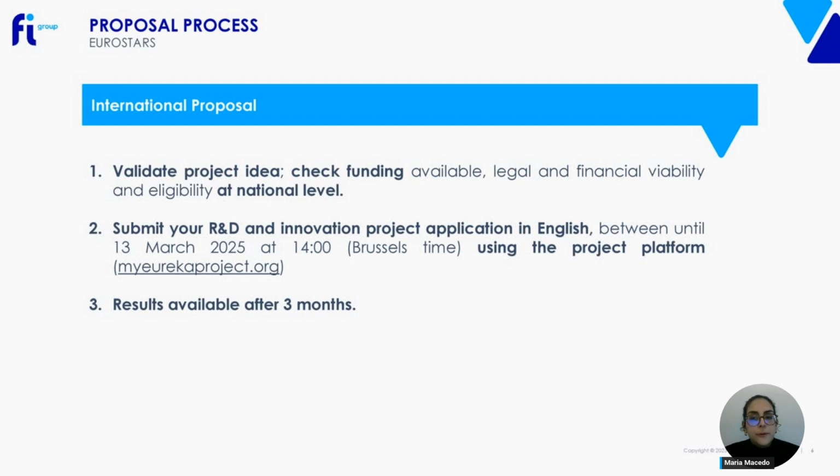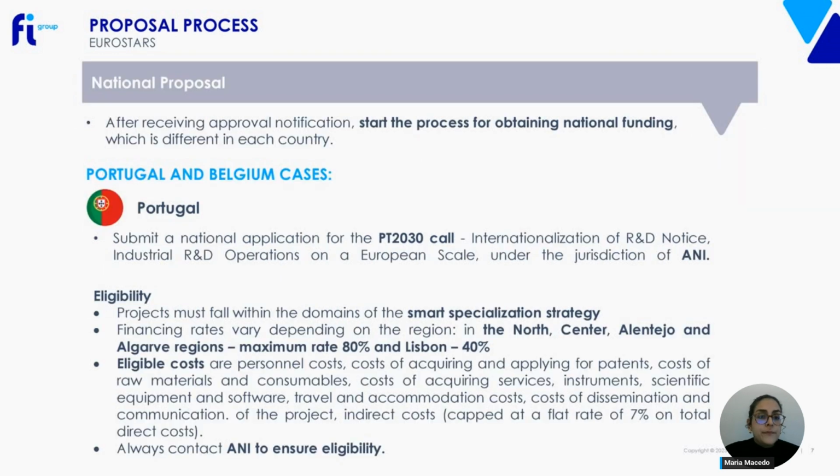If the submitted project proposal receives a score which is above the stipulated threshold and thus receives a seal, entities must then seek national funding options, which is, let's say, the second phase of the Eurostars process.